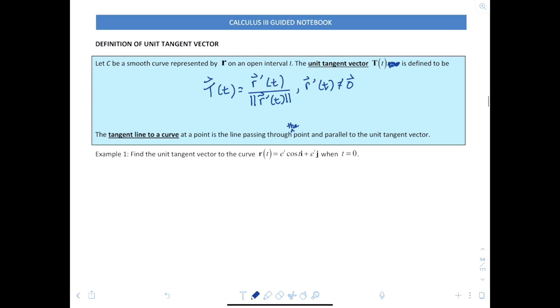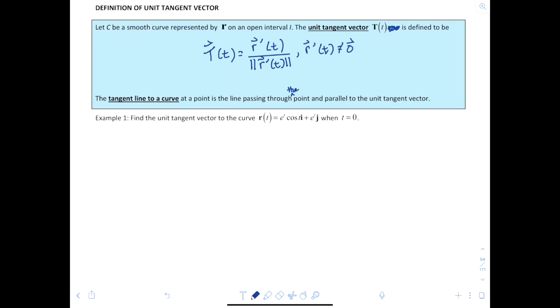Okay, so let's take a look at how we would find this, right? Find the unit tangent vector to the curve r at t equals e to the t cosine t times i plus e to the t j when t is equal to 0. Well, we're going to need to find r prime at t, aren't we?